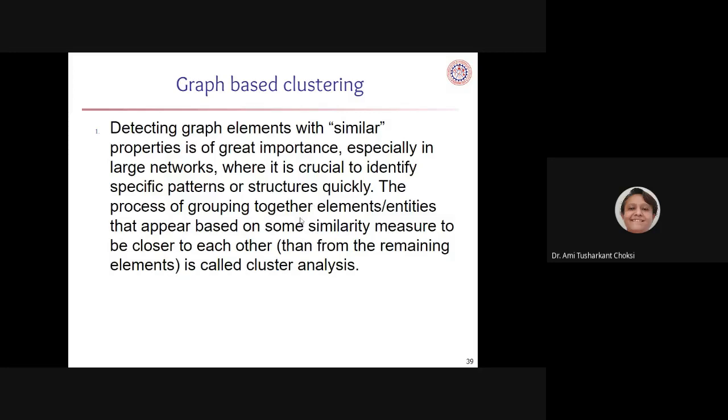The process of grouping together elements or entities that appear, based on some similarity measure, to be closer to each other than to the remaining elements is called cluster analysis, right? That is, we are doing the clustering analysis, right?